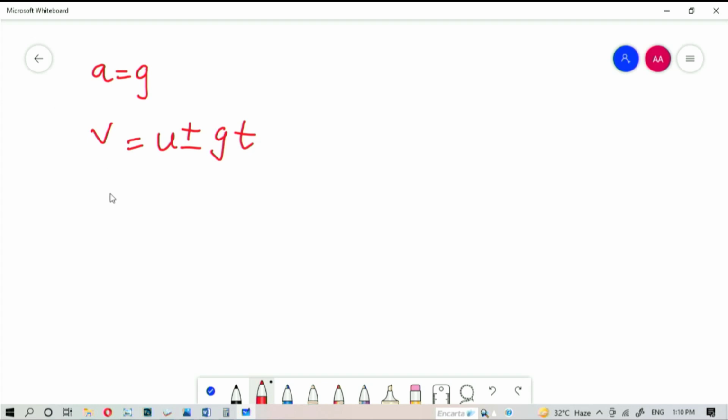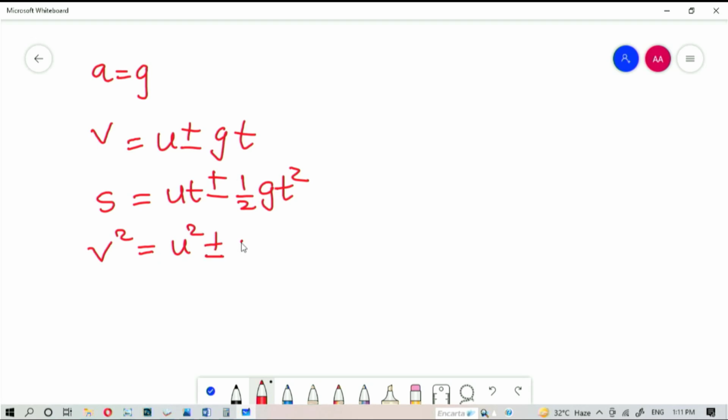Also, we have written s is equal to ut plus or minus half gt square. The only thing that is changing is the g that replaces acceleration a. Also, we have v square is equal to u square plus or minus 2gs.